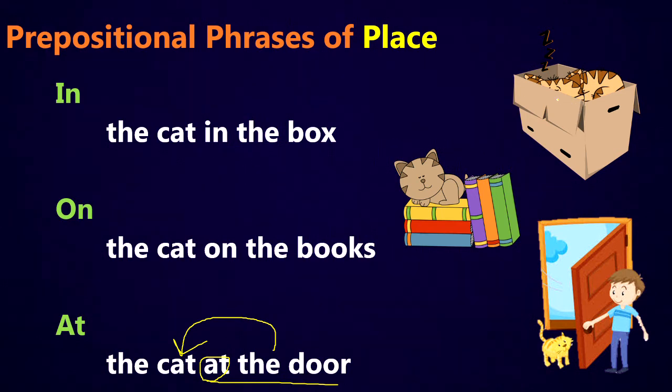So the cat has the box below it, above it, and on the sides of it. So it's inside of the box. On, we usually use with flat surfaces. So the top of the book is flat. That's why we can say the cat is on the books. And at, we normally think of it as a point in space. So we can say the cat is at the door because it's a point in the house. So in, on, and at.